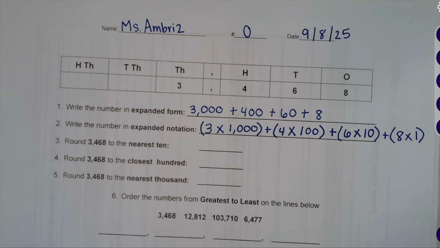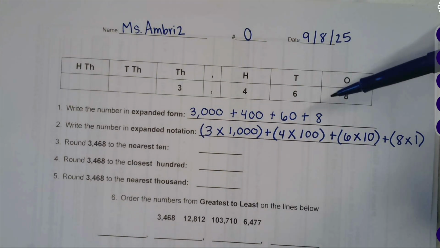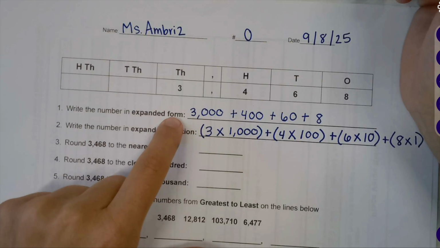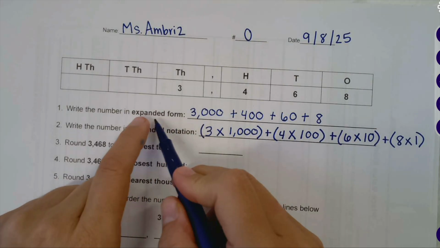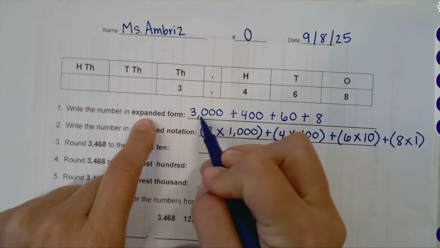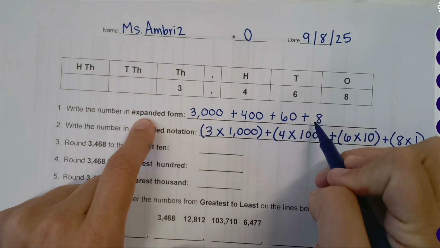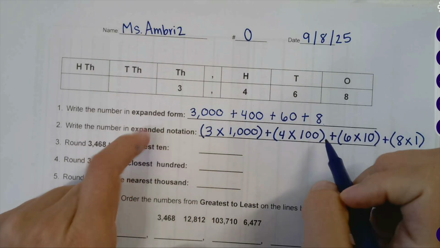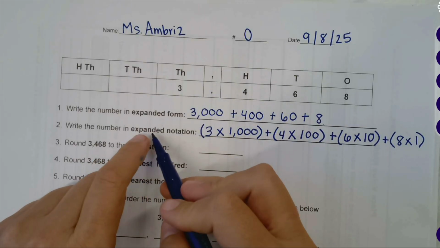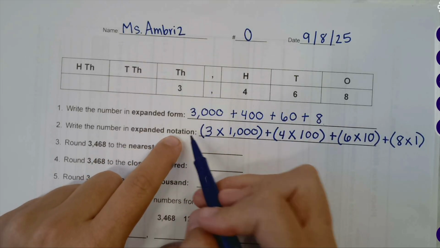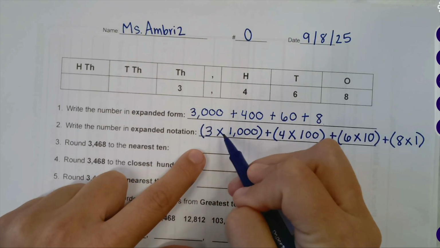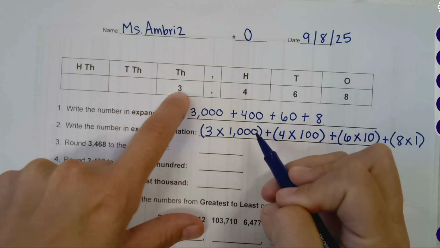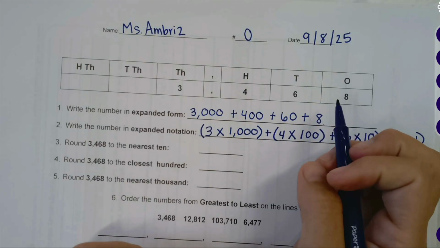So there is a very significant difference between expanded form and expanded notation. Expanded form just uses the values of each digit in the place value number. But expanded notation shows how many groups of each place value there are.